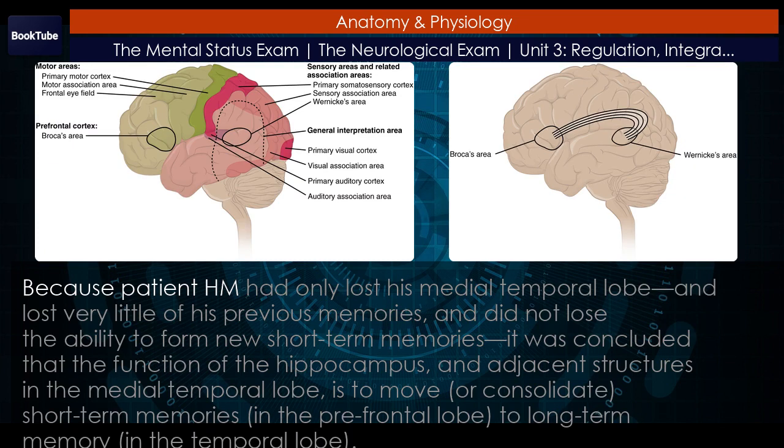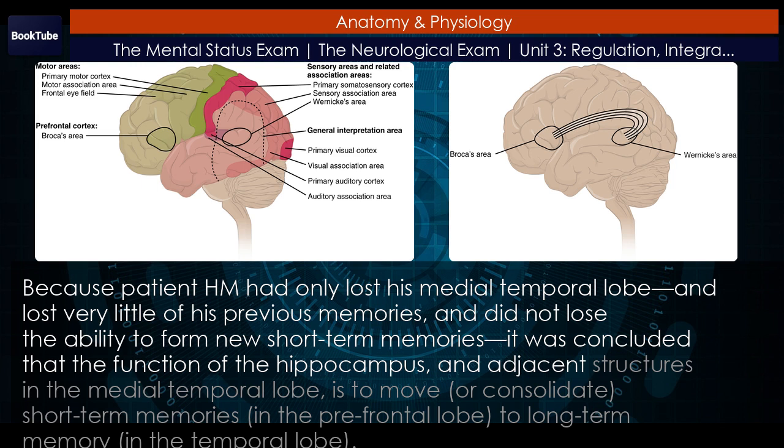Because patient H.M. had only lost his medial temporal lobe, and lost very little of his previous memories, and did not lose the ability to form new short-term memories, it was concluded that the function of the hippocampus and adjacent structures in the medial temporal lobe is to move, or consolidate, short-term memories in the prefrontal lobe to long-term memory in the temporal lobe.